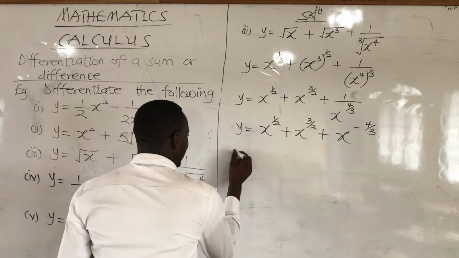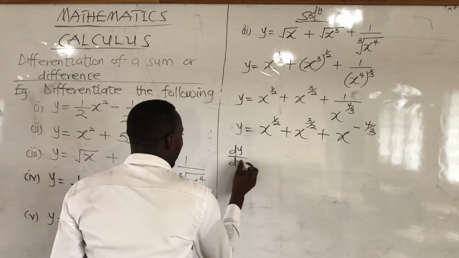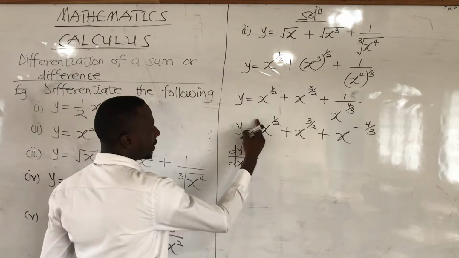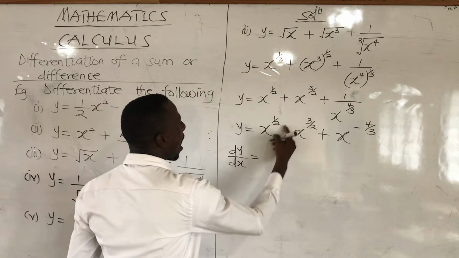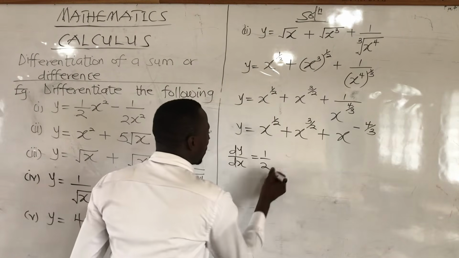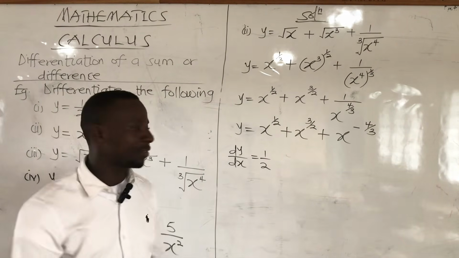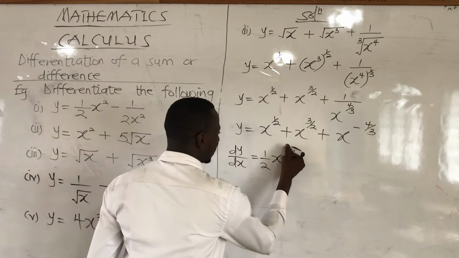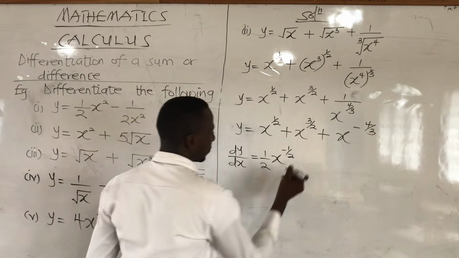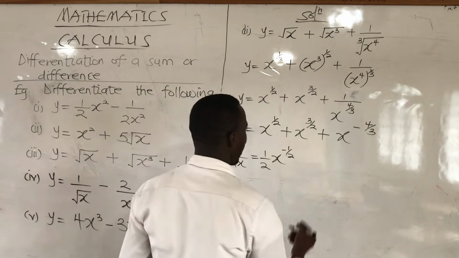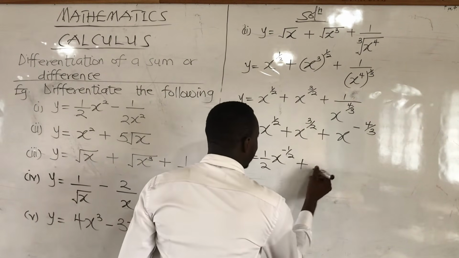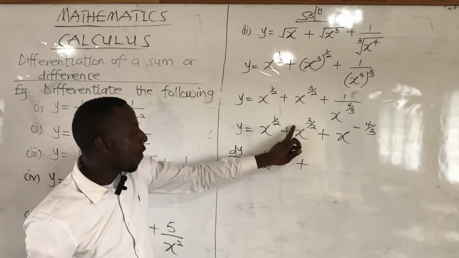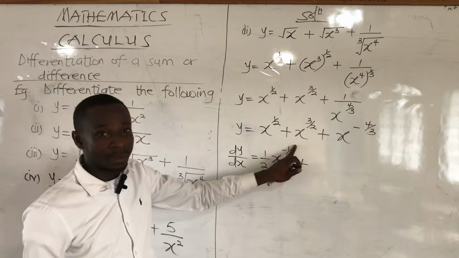All right. So dy over dx is equal to the whole exponent will multiply the coefficient here, which is 1. So half times 1, we still have half. Your x will be repeated, then you take 1 from it. So you're going to have minus half, right? Then plus, over here, the exponent is 3 over 2, multiplying the coefficient of x, which is 1.